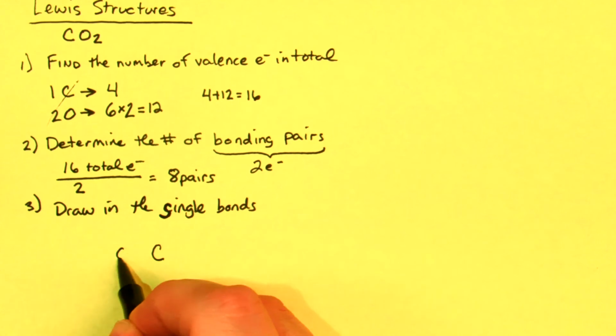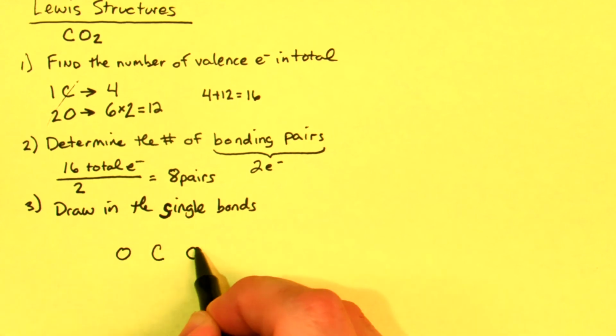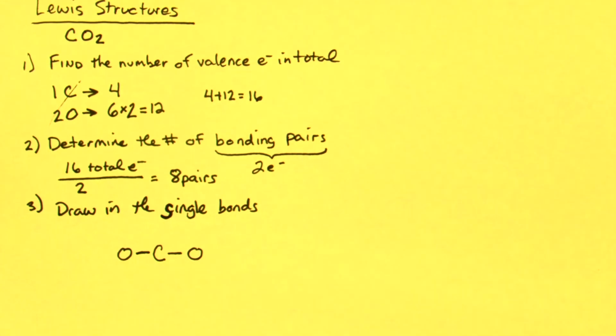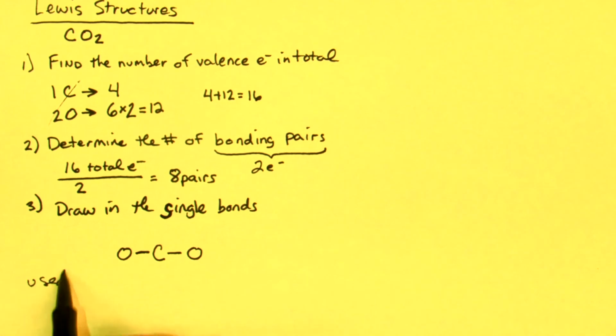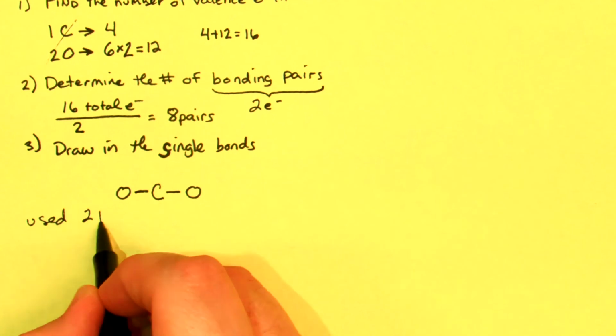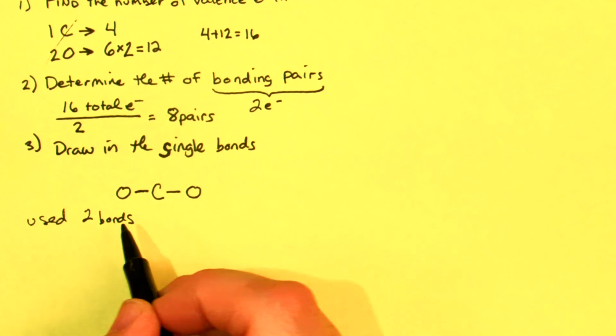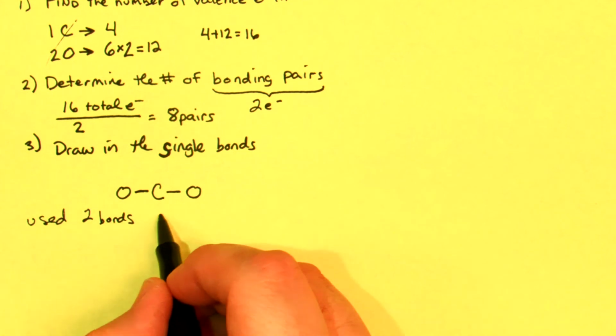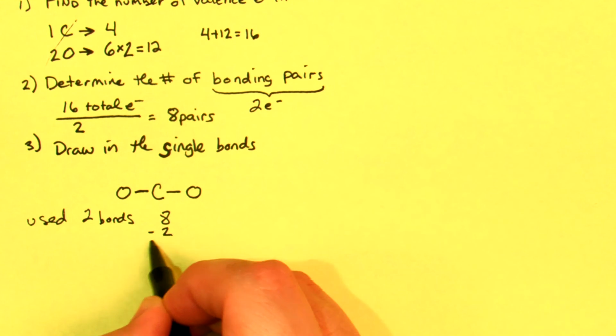Oxygen is going to go on the outside. And we're going to bond those two together with single bonds. Now, how many bonds did we use? Okay, so we used 2 bonds. So you take the 8 that we can use, subtract off the 2, and we have 6 left over.